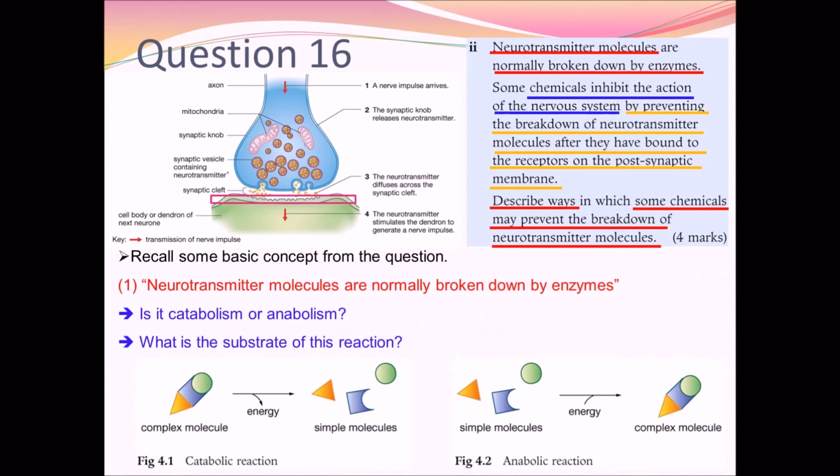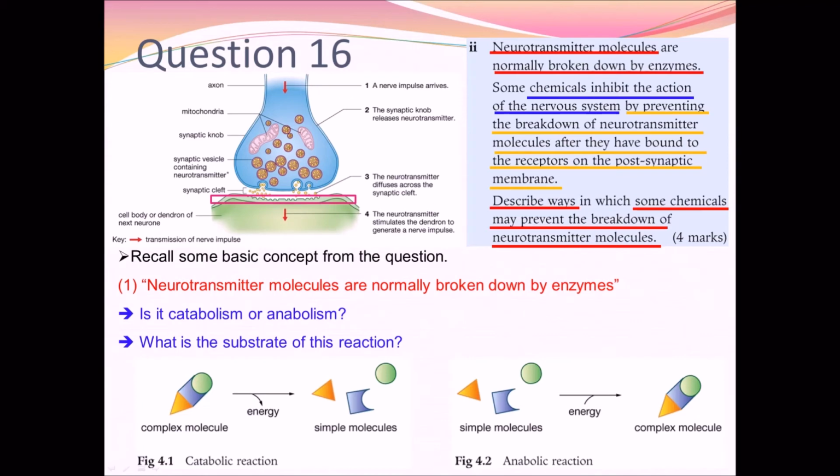So some chemicals will inhibit the enzymatic reaction. Normally, the neurotransmitters are broken down when they arrive at the postsynaptic membrane. But once there are those chemicals, they will prevent the breakdown of neurotransmitter.